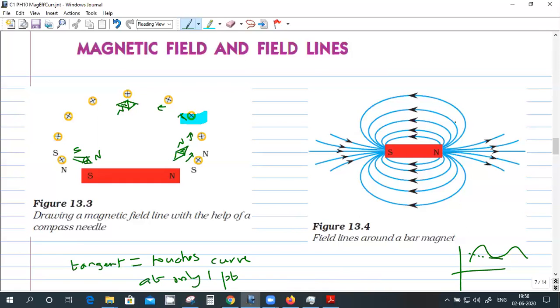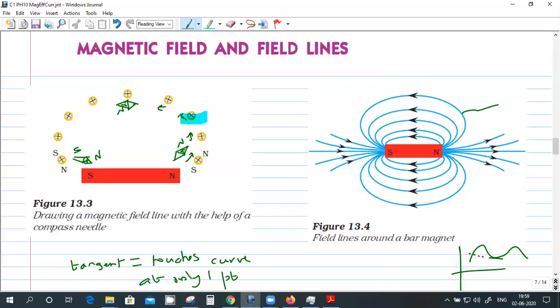So this is that curve, and you can put an arrow mark on that curve which gives the direction of the magnetic field. You can fix the direction of the magnetic field as the direction of the north pole of the magnet or the needle. Like when you have an x-axis, you take the right hand side as positive and the left hand side as negative.